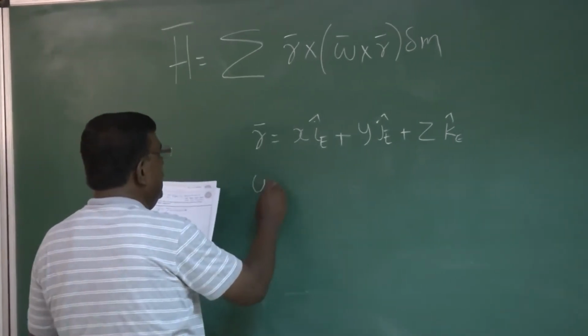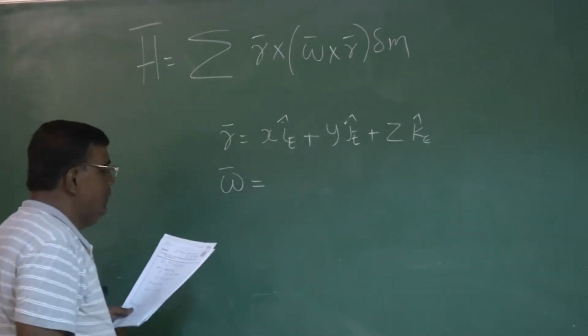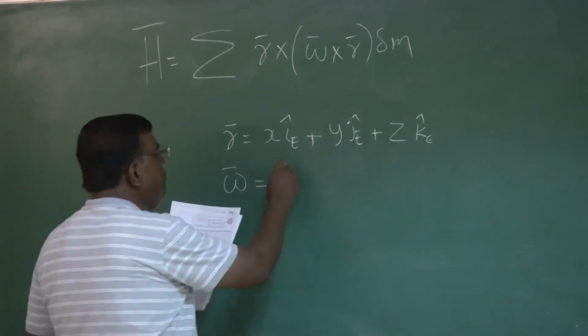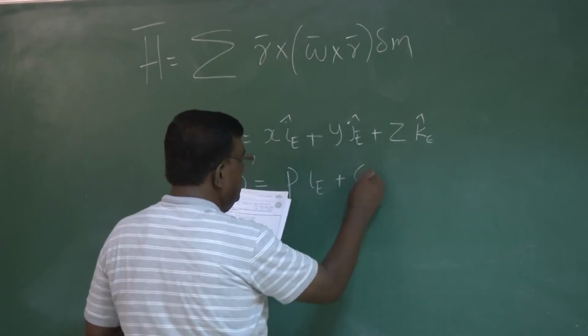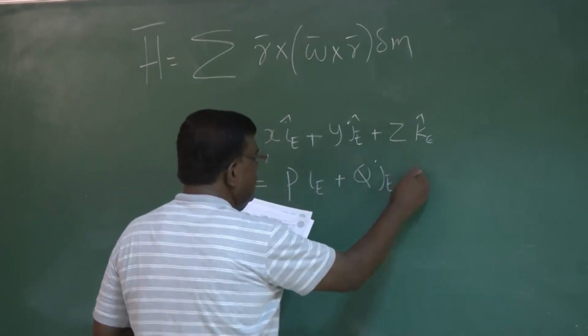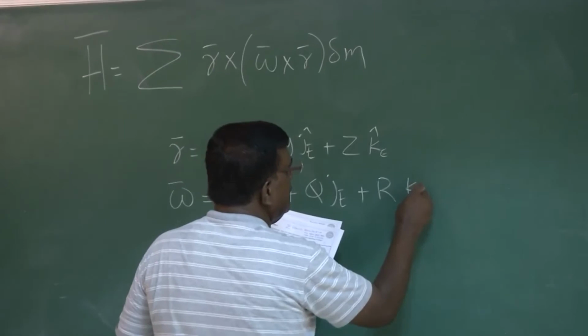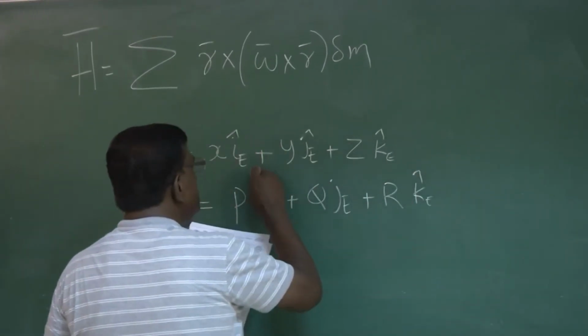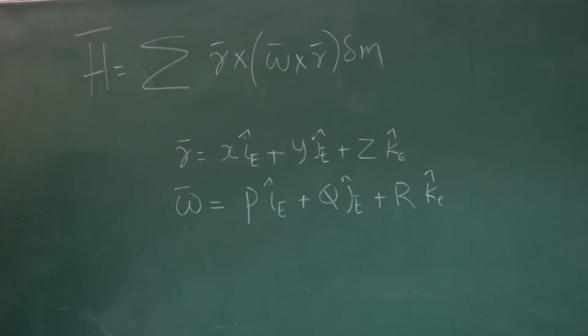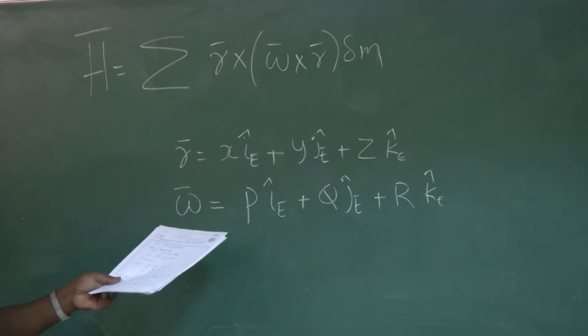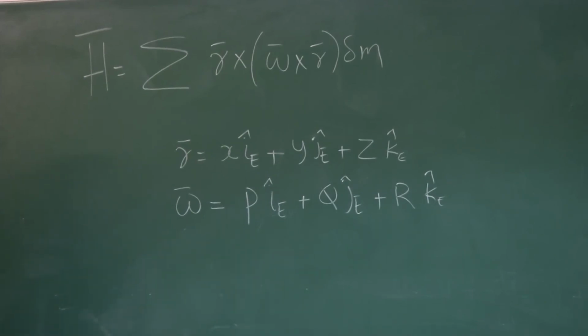Similarly, I write omega, the rotational velocity, as P Ie plus Q Je plus R Ke. It is the angular velocity of the airplane resolved along the inertial Ie, Je, and Ke axes.